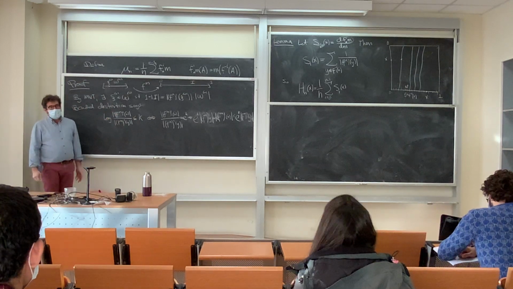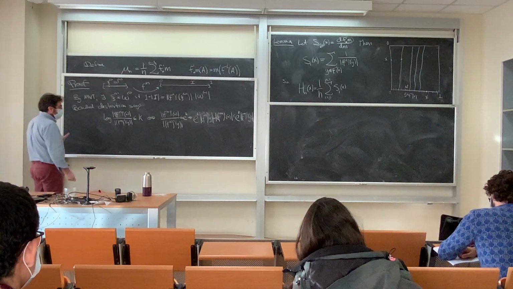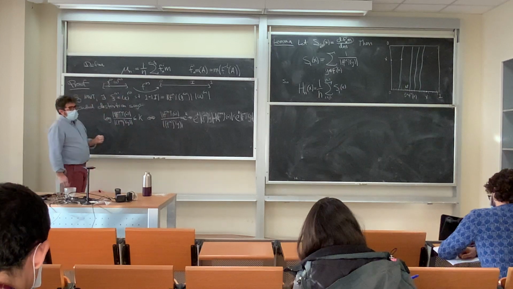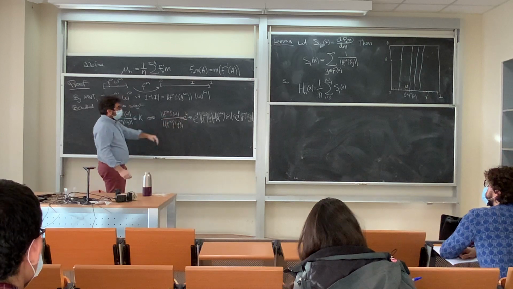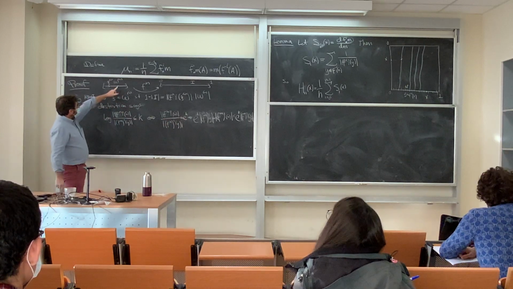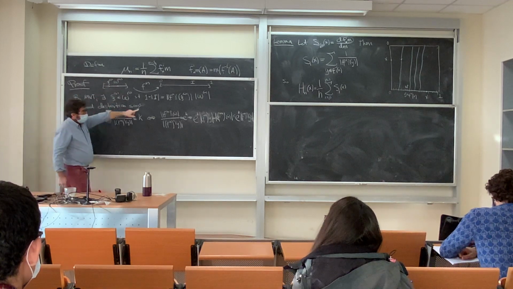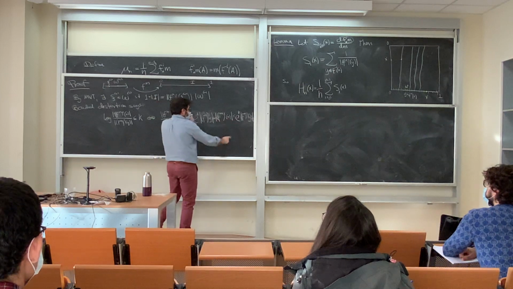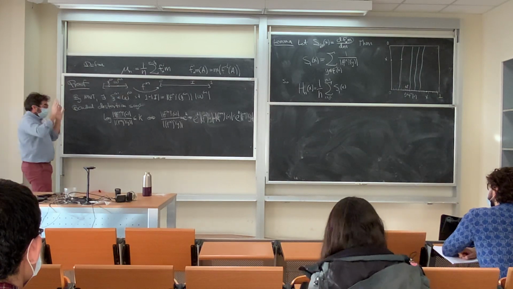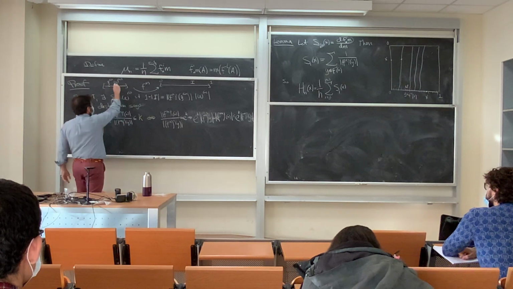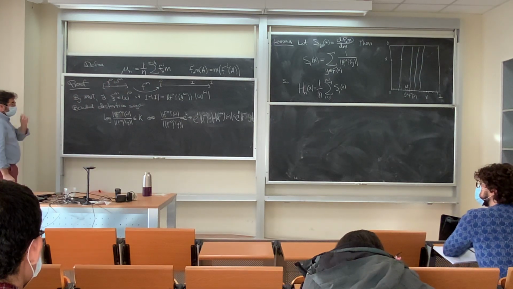Really, what bounded distortion is telling us is that the ratio of the derivatives at two points in the same branch is bounded by some constant. So the derivative at this point is comparable to the derivative at this point up to some multiplicative constant, which is independent of n, of all the points, of everything.